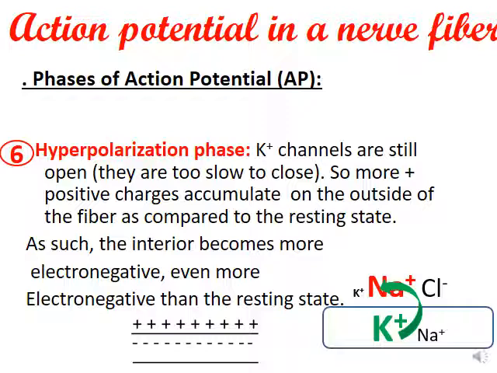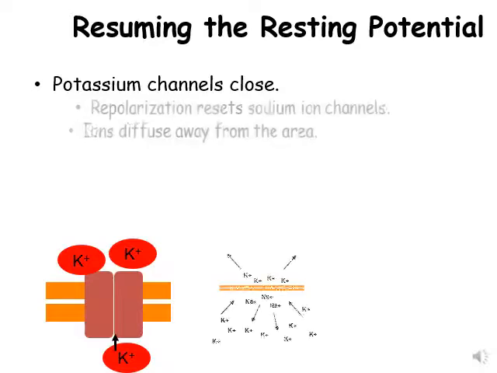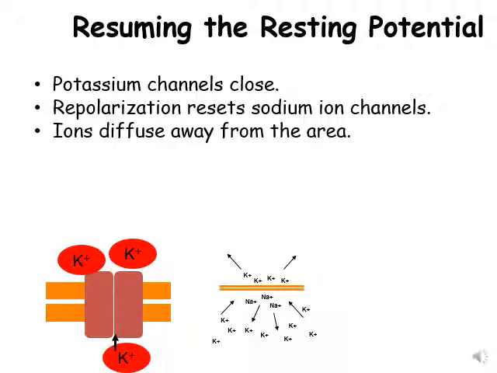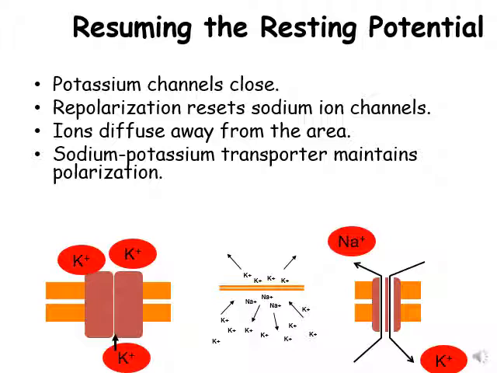Okay, let's move now to talk about the resting potential, how it's resumed. Resuming the action potential, the potassium channels will close, and repolarization will reset sodium ion channels. The ions diffuse away from the area, and the sodium-potassium transporters maintain polarization.